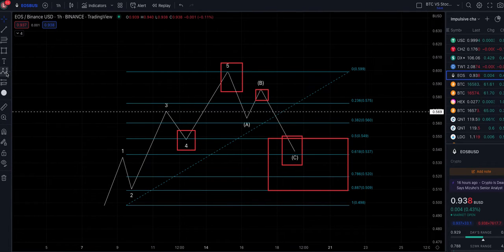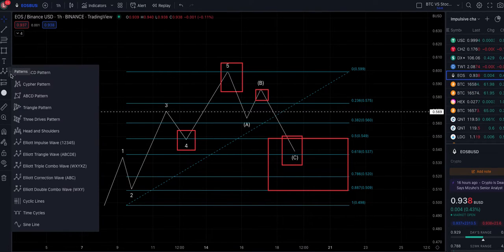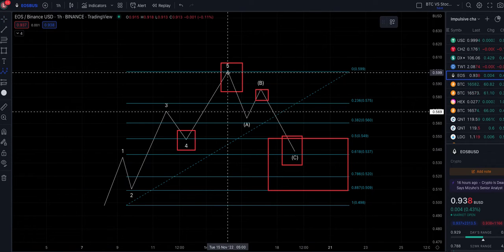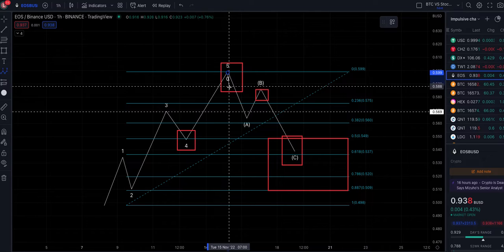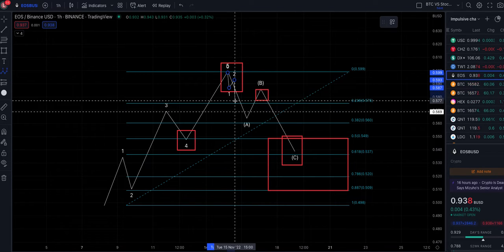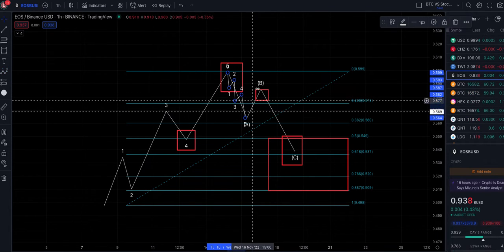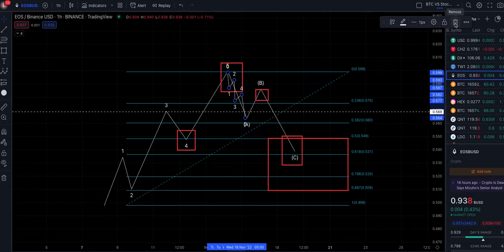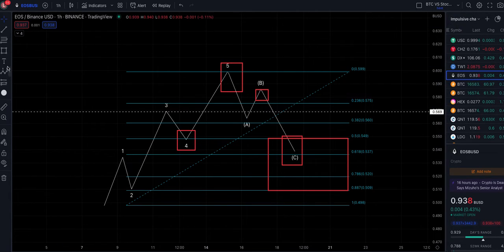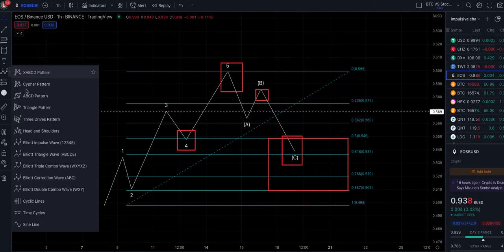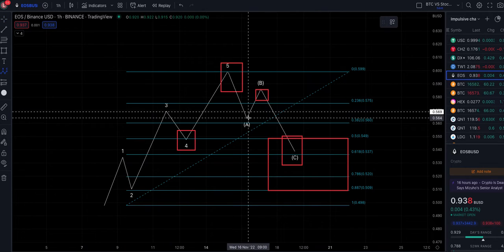I do also want to show you that an A wave is an impulse in the correction, which would be a wave 1, a wave 2, a wave 3, a wave 4, and a wave 5. So if you went onto a micro scale, you'd be able to see those moves. And a wave B is usually a 3-wave move.